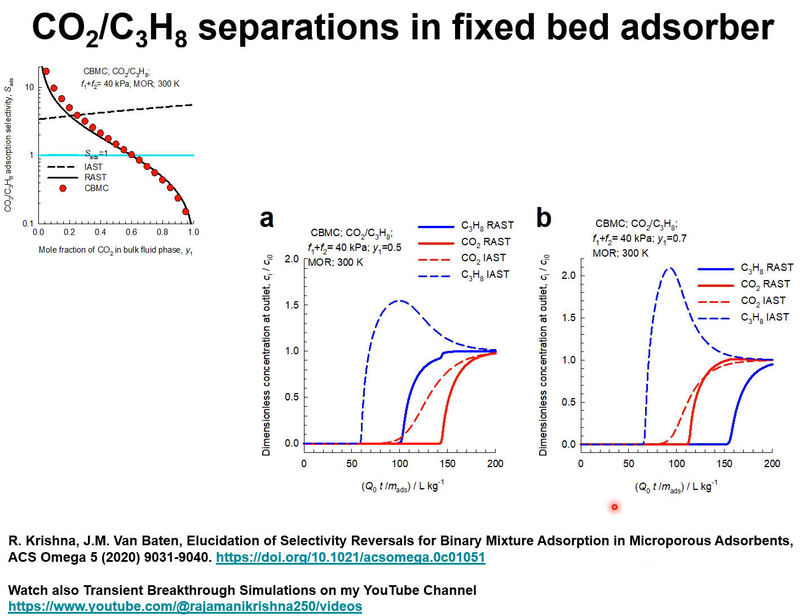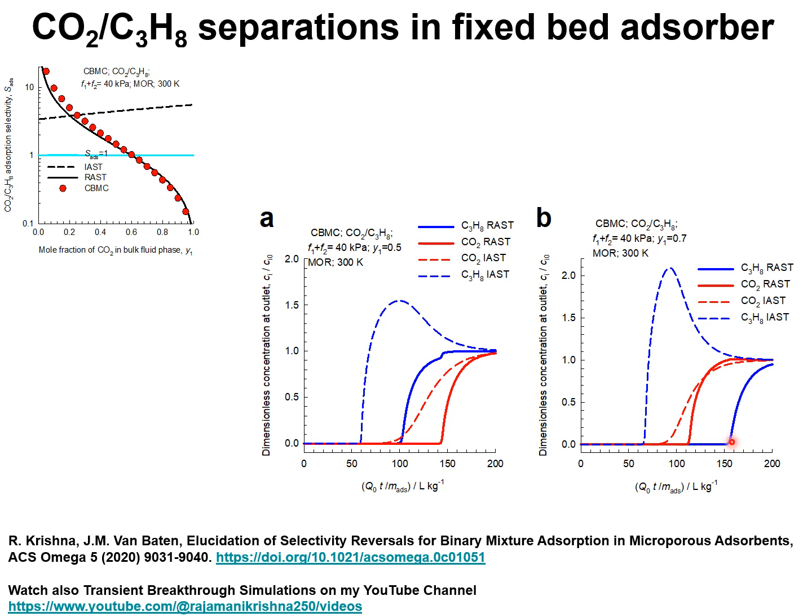The RAST simulations are shown by the continuous solid lines, and we note that the component to break through first is CO2 because the adsorption is selective to propane.